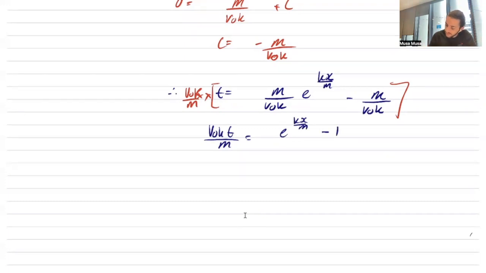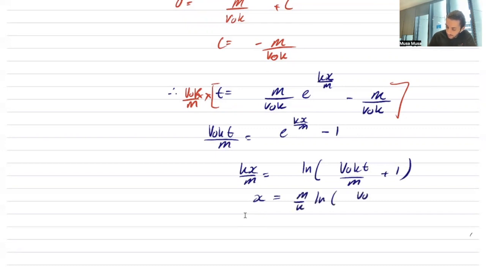Adding 1 to both sides, taking ln of both sides, we're going to get kx on m equals ln of v naught kt plus m plus 1, and then x equals m on k times that. There you go. So, sucky question, but it is what it is.